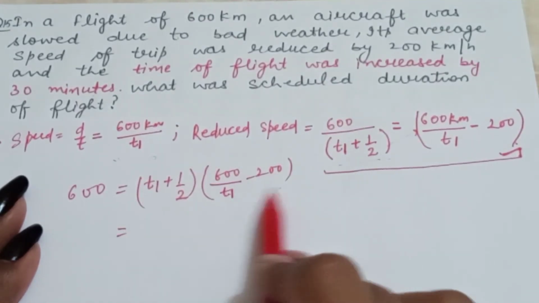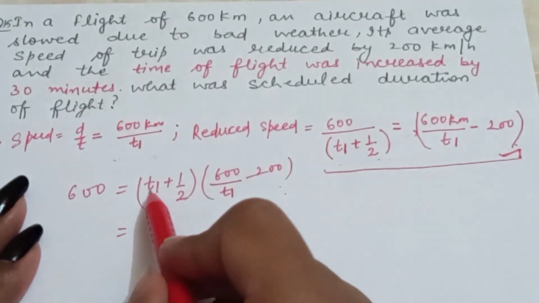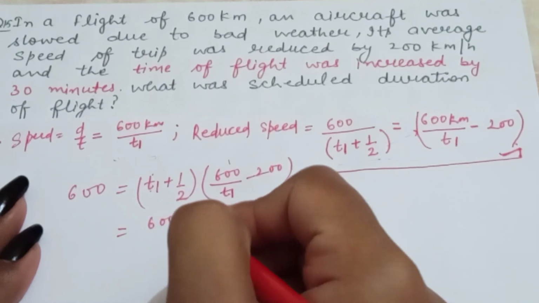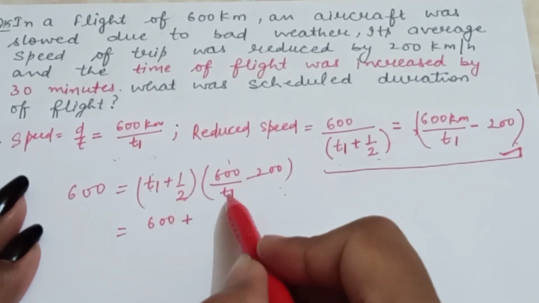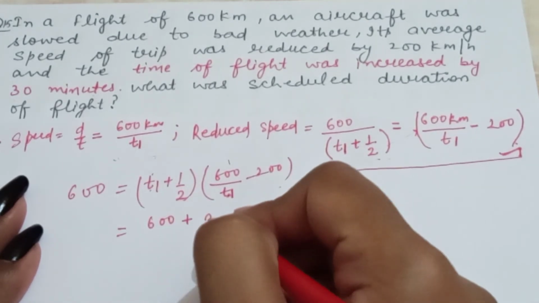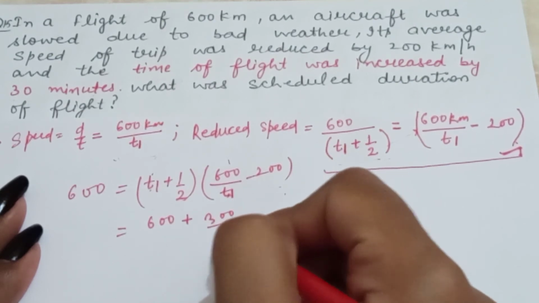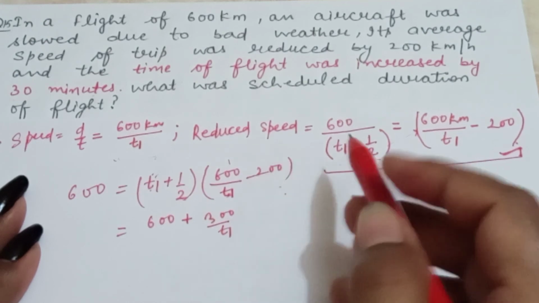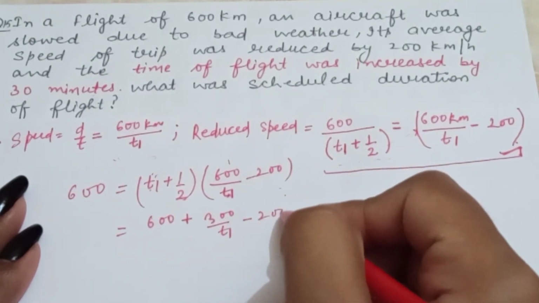We will solve this right hand side. When the first term is multiplied with this first term, we will get 600 plus. When this term is multiplied, we will get 300 upon t1. When this is multiplied with this 200, we will get minus 200 t1.